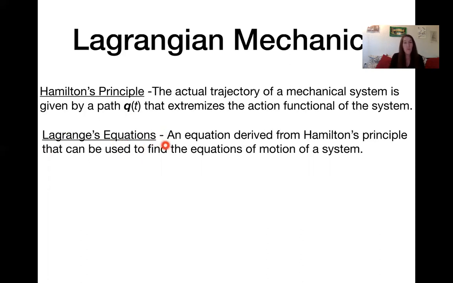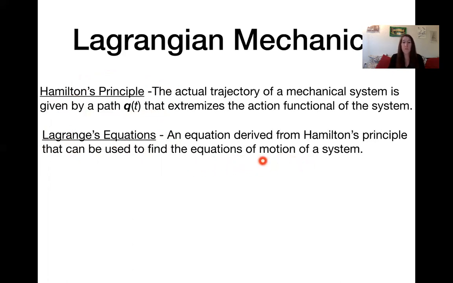So we can derive what are known as Lagrange's equations from this Hamilton's principle by studying how generically we could extremize an action, right? So Lagrange's equations ultimately will be a set of equations that we solve to find the equations of motion of our system.